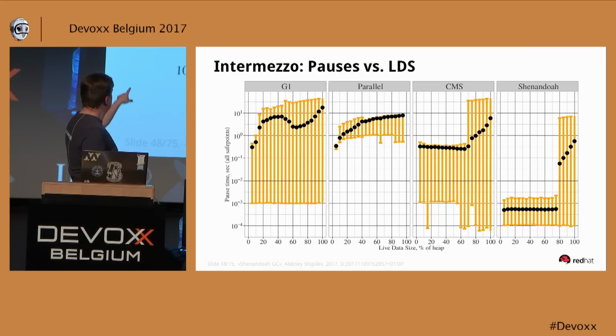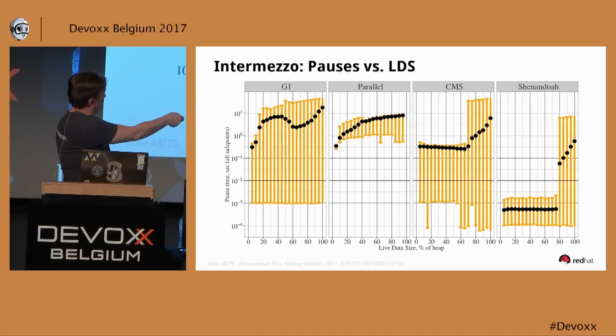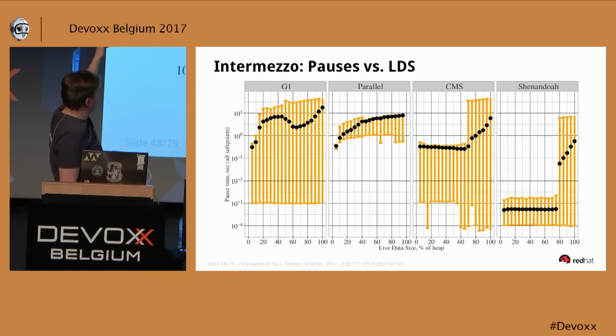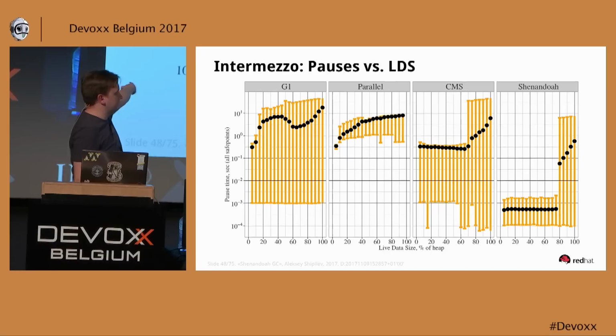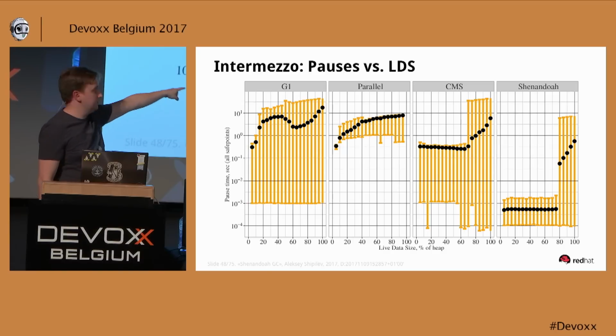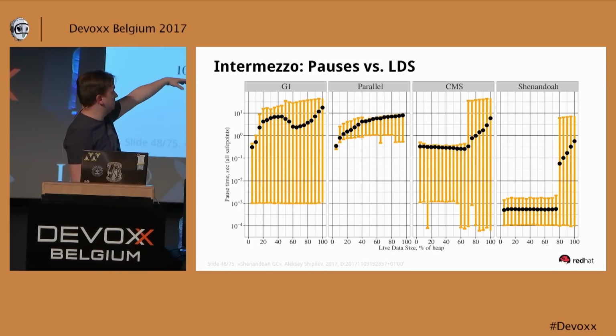Notice that the y-axis is logarithmic, which means that the lines here are a second, 100 milliseconds, 10 milliseconds, etc. And you might notice that Shenandoah is there in the sub-millisecond range. CMS is somewhere in the middle between Parallel and Shenandoah, and G1 does its own stuff there.